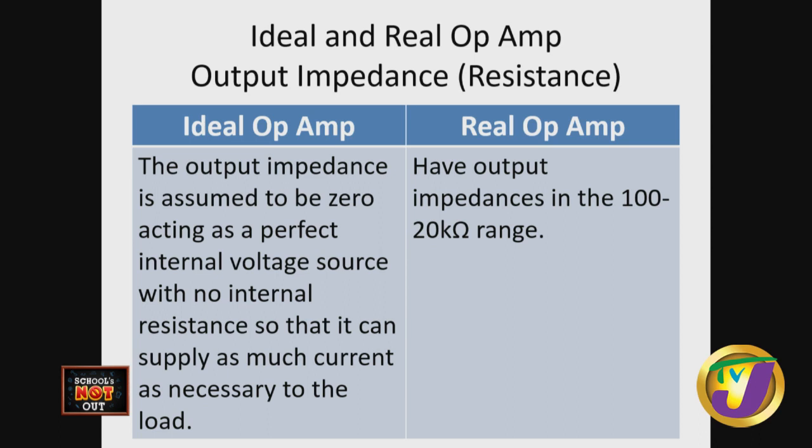And remember, that is ideal. But real op-amps have impedances in the range of 100 ohm to 20 kilo ohm. All right. So the ideal op-amp has no output impedance. The real op-amp has some output impedance.